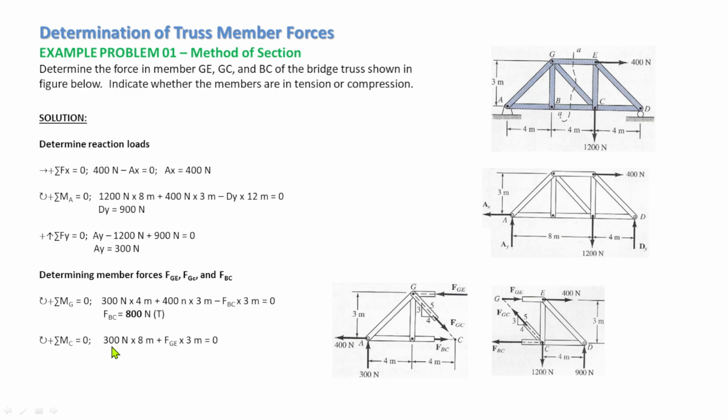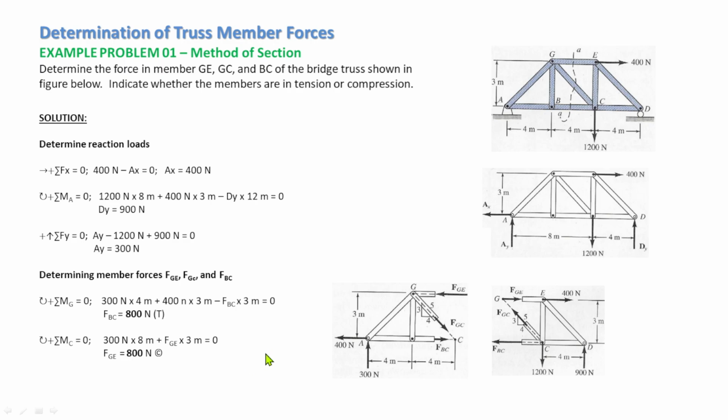So we have here 300 times 8, this is the moment arm, plus FGE times 3 meters, equal to 0. So force GE is equal to 800 newtons, and that is compression. It is positive as an unknown, which means the assumption of the direction of the force is correct.